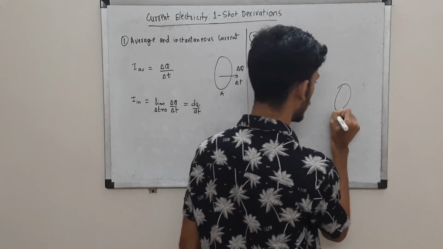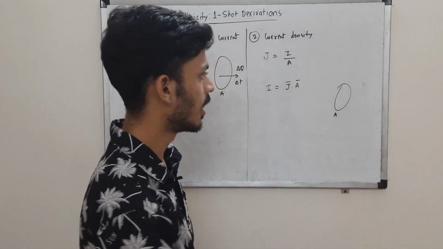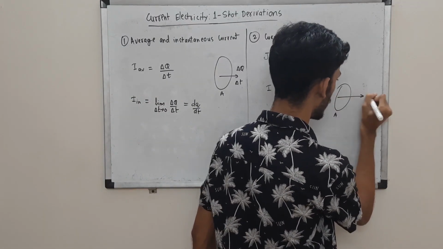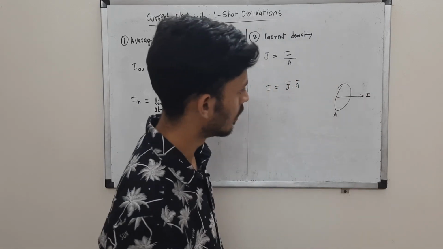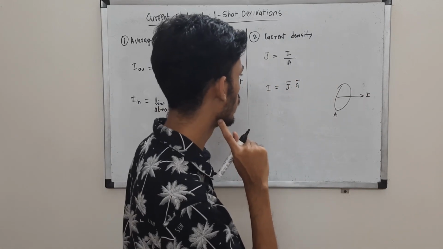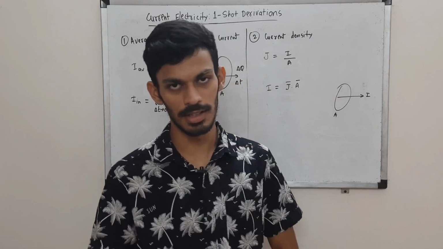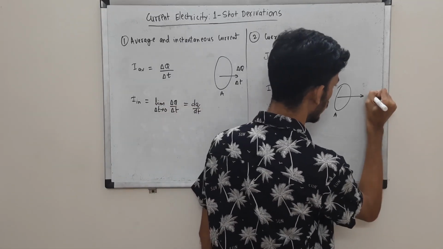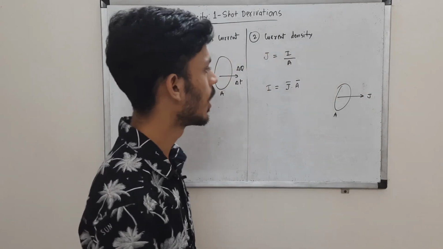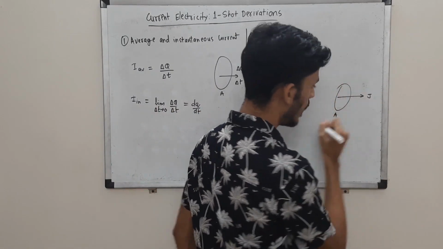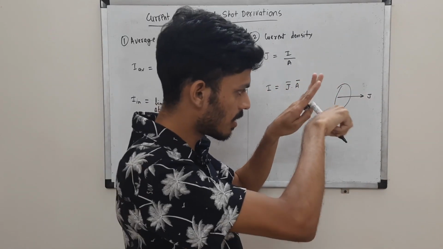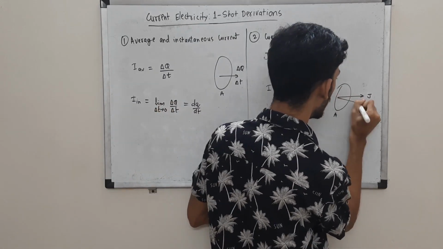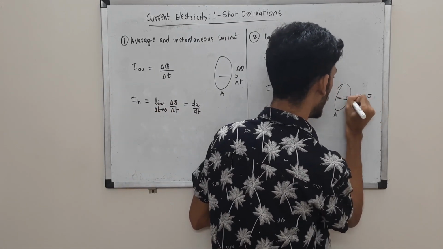Suppose this is your area A and current is passing through this area like this, I. Then J will have the same direction as that of current, so you can say J instead of I. And the area vector will be perpendicular to the surface. The surface is like this, so the perpendicular to the surface will give you the area vector. The angle between them is theta.